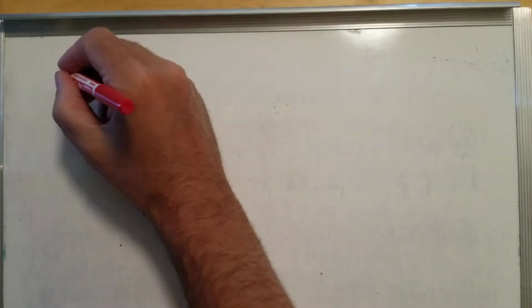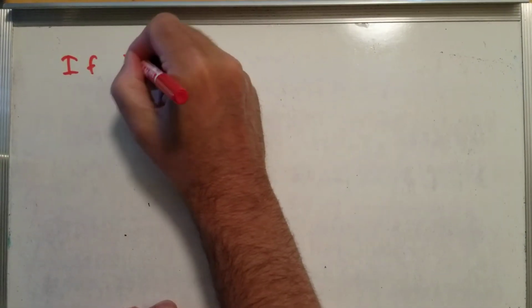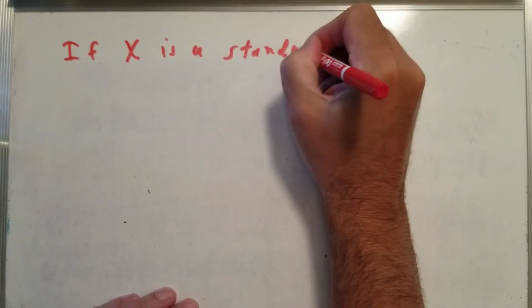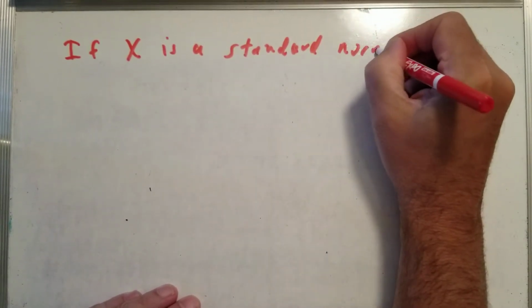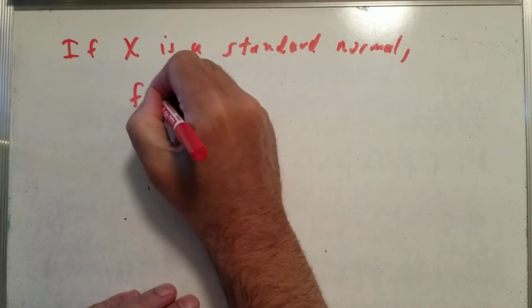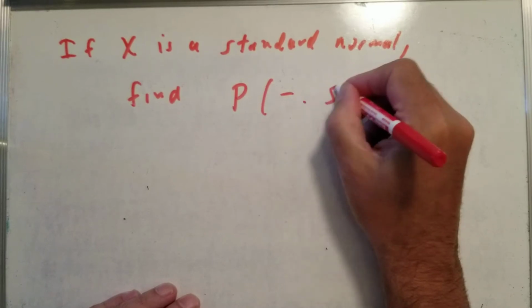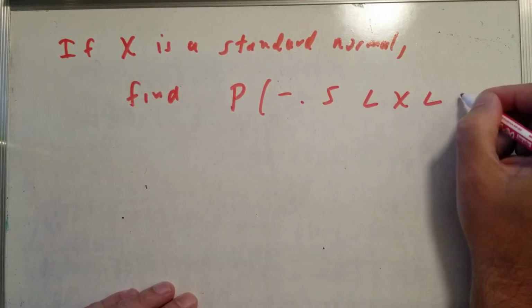So for example, suppose the question was: if x is a standard normal, find the probability, say, that -0.5 is less than x is less than 1.